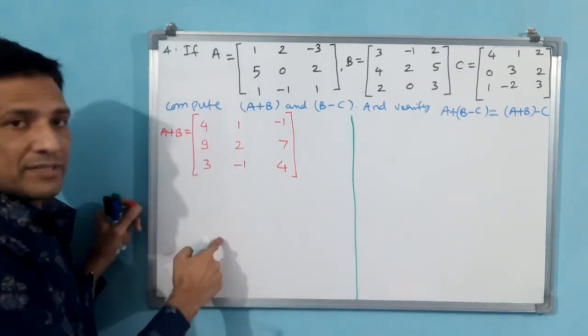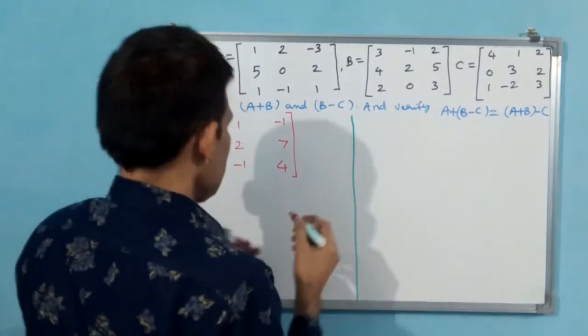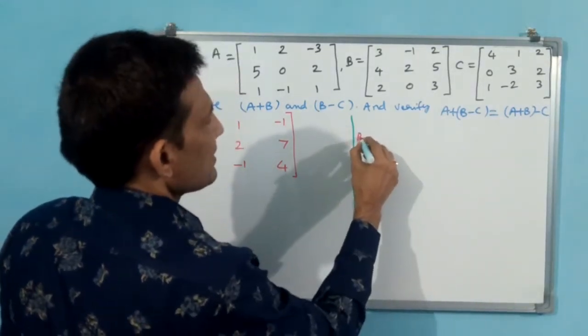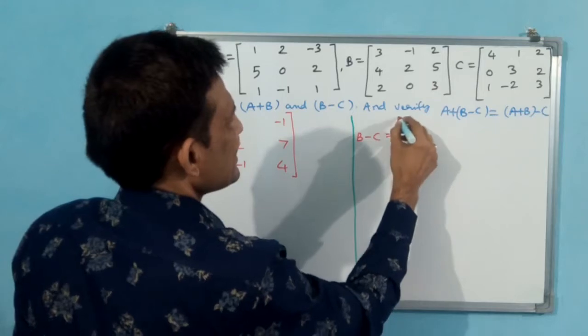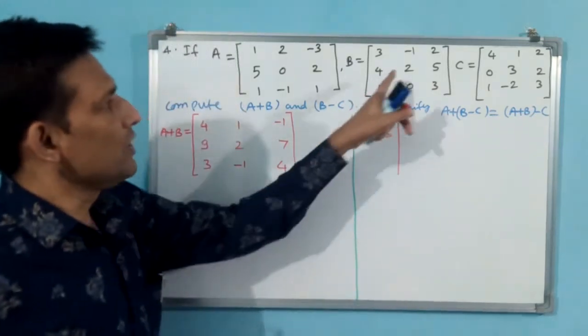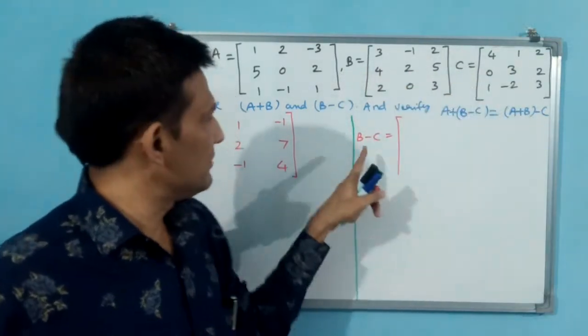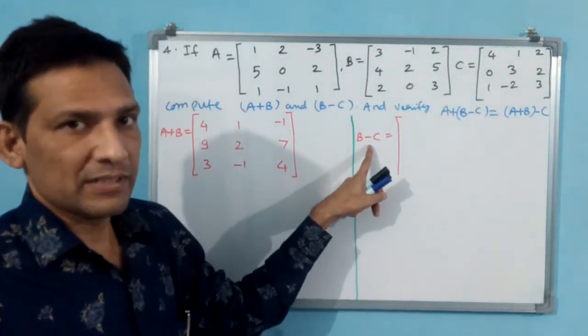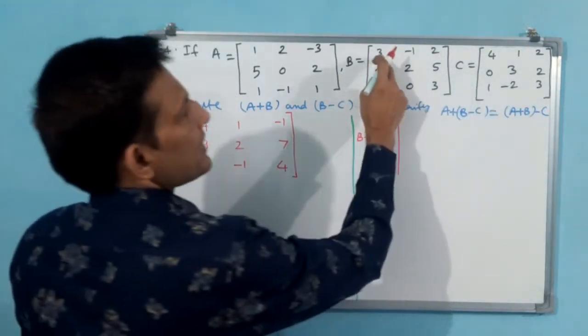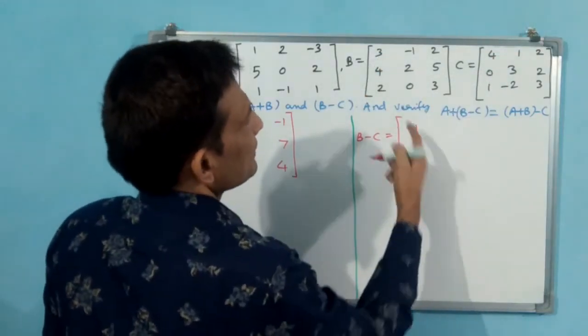Now you see A plus B is this one. Let us do B minus C here. This also you see B left side, C right side is there. Directly you can perform this subtraction operation. Directly I write 3 minus 4, minus 1.